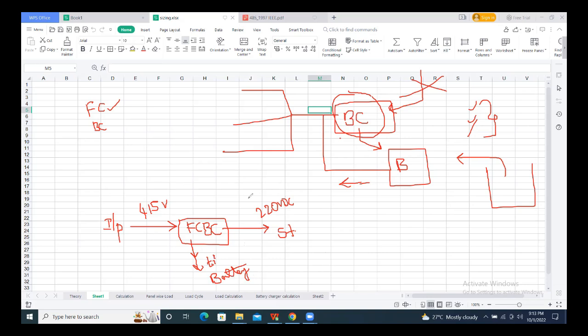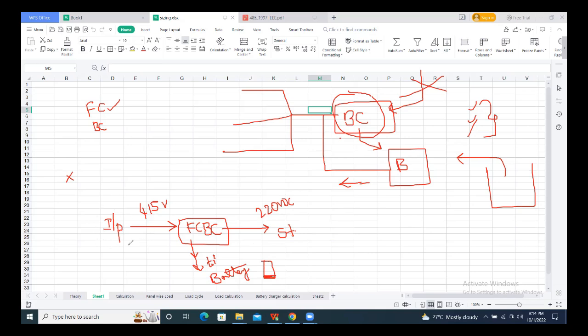Now suddenly the input to the float charger may be interrupted. Then the battery feeds the entire station load, and the battery charge is discharged down to some level.